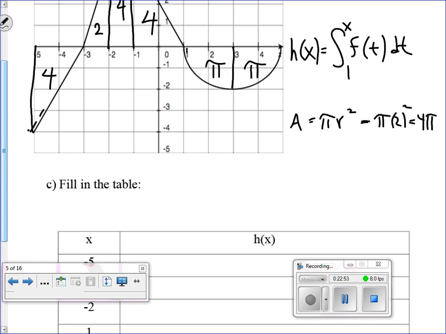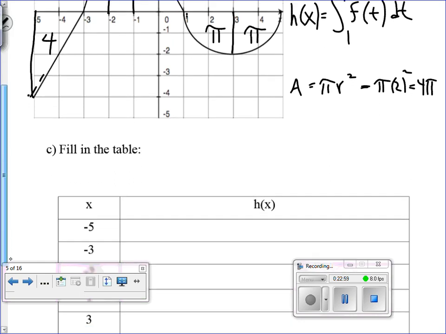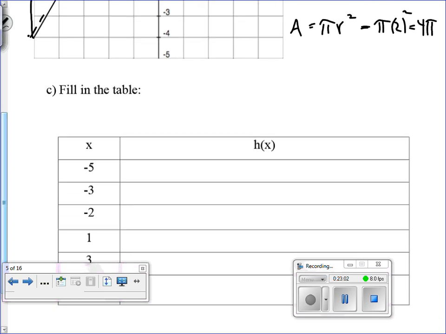Once you have all these areas, now answering the next part becomes easy. So you always start with the definition. So h of -5 is equal to the definite integral from 1 to -5 of f of t dt. We're going to switch them and use the area. Remember, if you're using the area to get a definite integral, the lower limit has to be less. So it's negative the definite integral from -5 to 1. Now we look at the graph between -5 and 1.